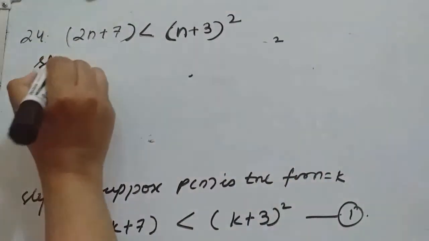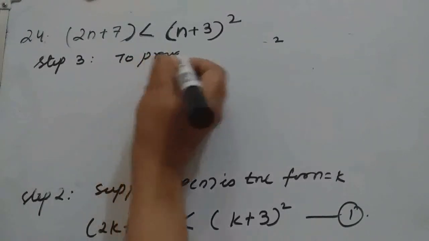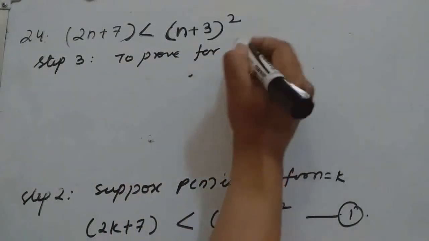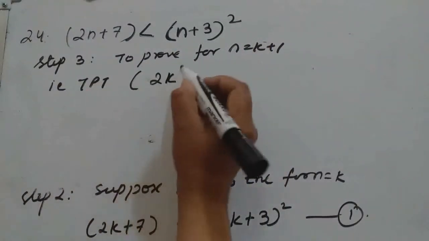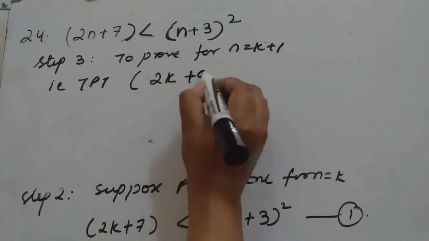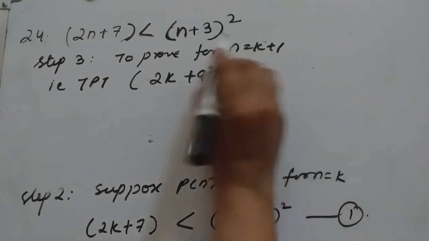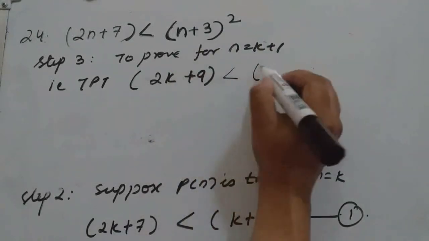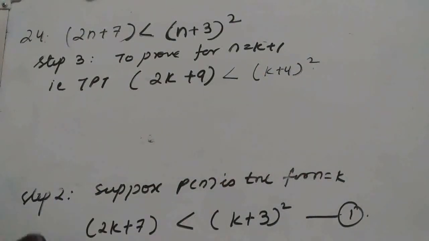Step 3 is to prove for n equal to k plus 1. That is to prove that, see, 2k plus 2 and plus 7, so 2k plus 9, okay, is less than k plus 1 and 3, so k plus 4 whole square. Okay, so this we have to prove.